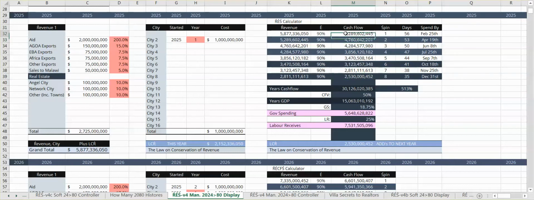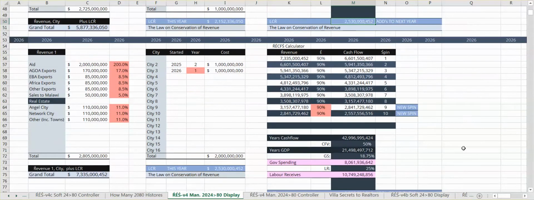Each time revenue decreases because 10% is lost, and at the end of it, this money, we put it down here, and then we copy it over to here, and that is added to the aid, exports, real estate, and city developments, and the grand total, which is then returned to the first cell of the RES calculator for that following year.